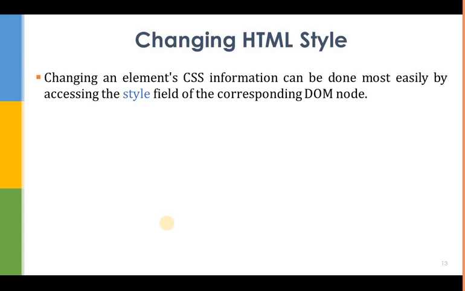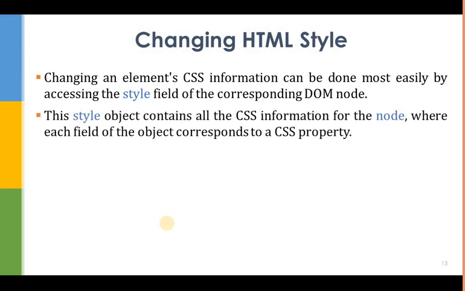Now changing an HTML style. Style refers to our CSS. I can dynamically change the CSS style of a particular HTML tag. The style object contains all the CSS information for the node, where each field of the object corresponds to a CSS property.